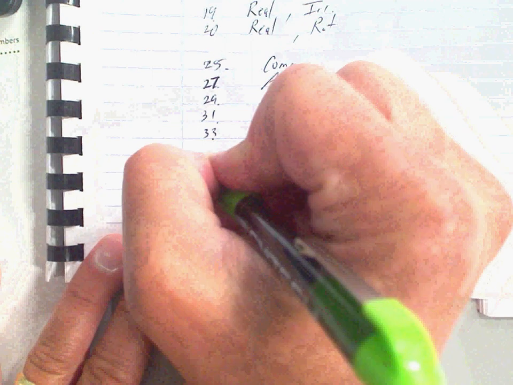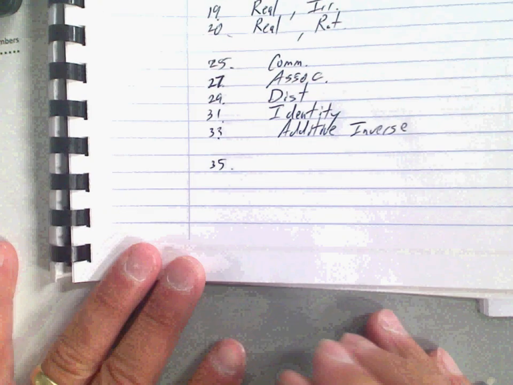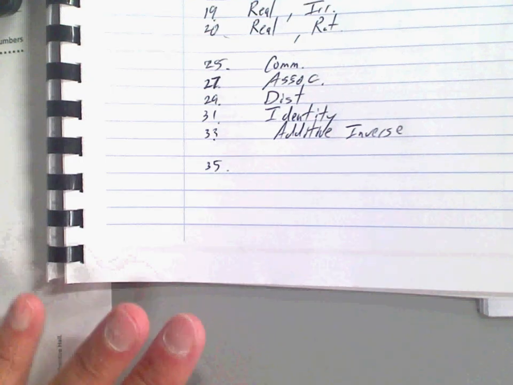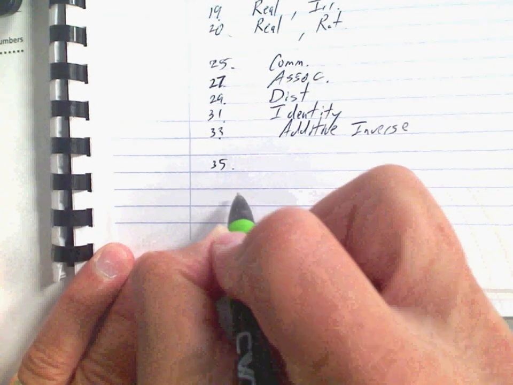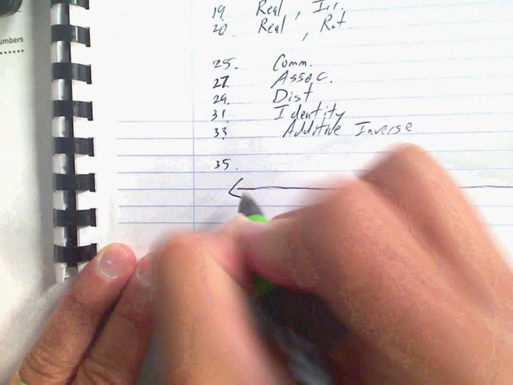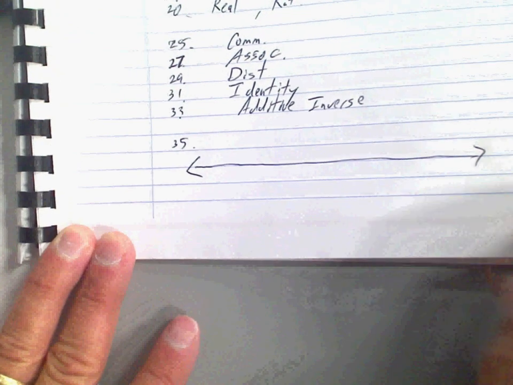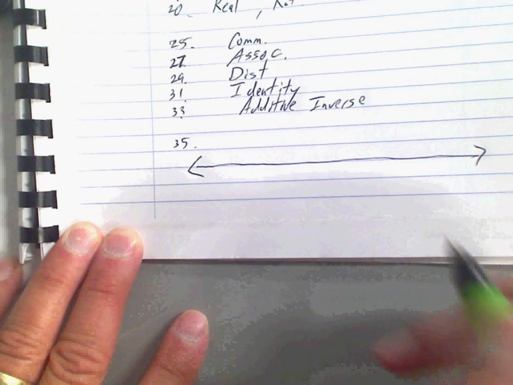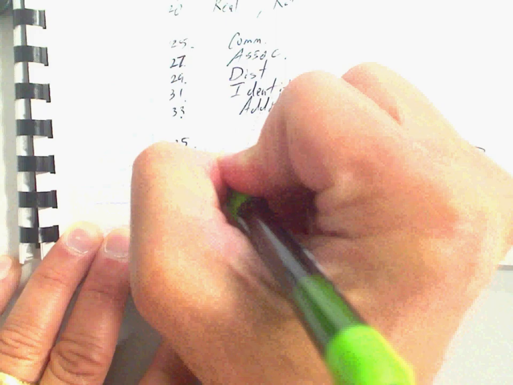35 and 36 and 37 are all, I'm just going to do one number line right here, okay? Okay, guys? So, negative 5.